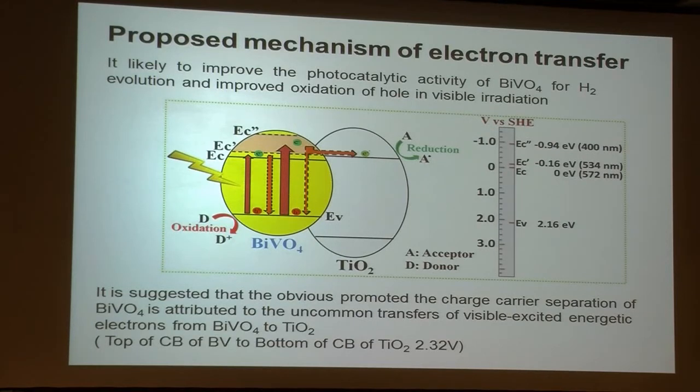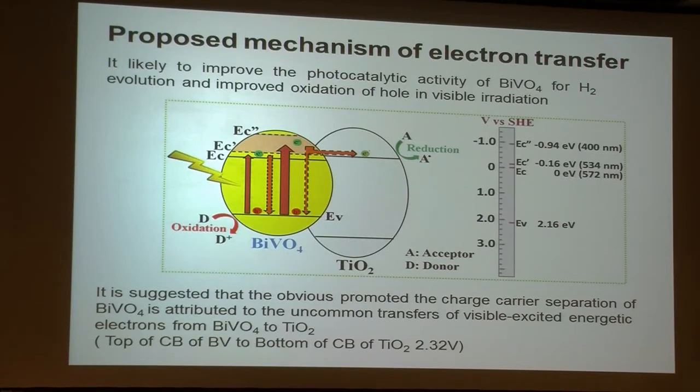So we proposed a pathway: titanium dioxide has a large energy gap, but bismuth vanadate has a small energy gap, and the excited electron goes to the conduction band in the titanium dioxide.